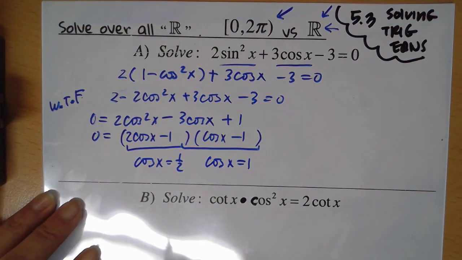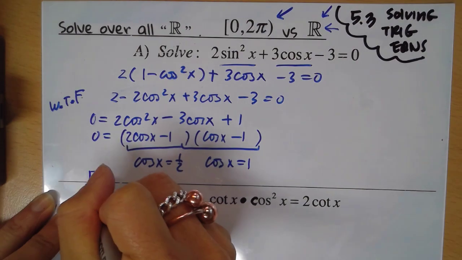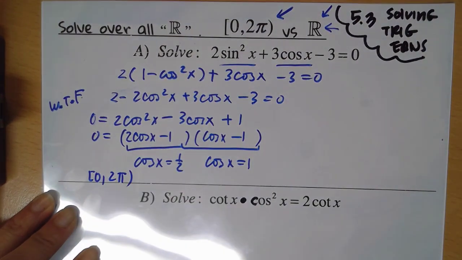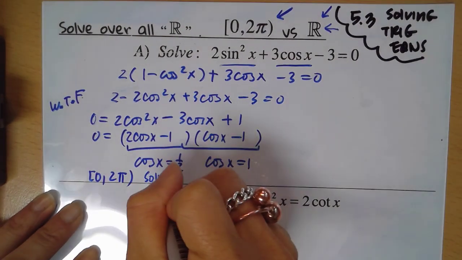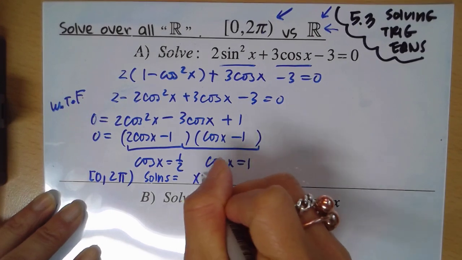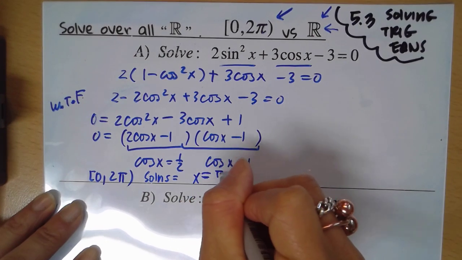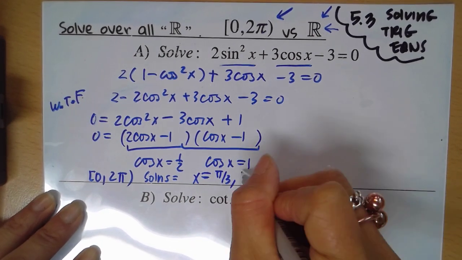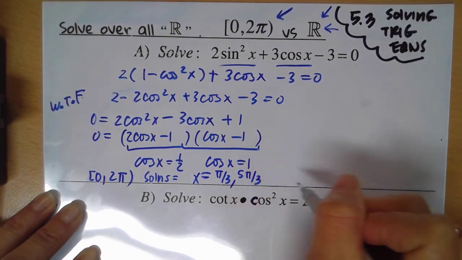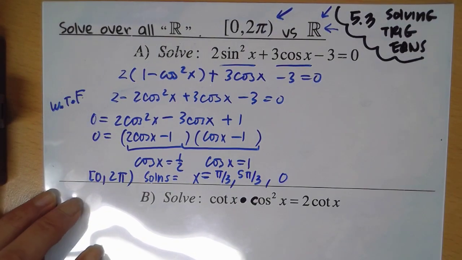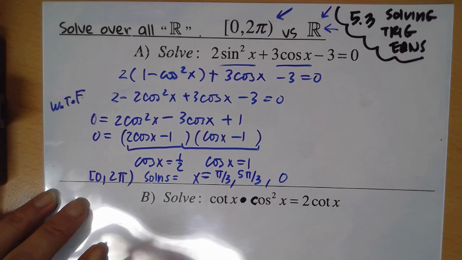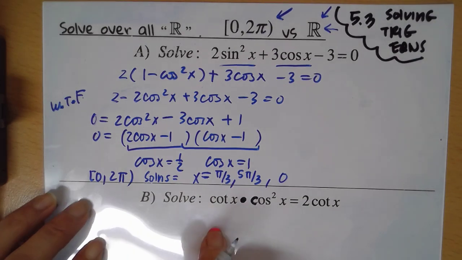If I were to do 0 to 2 pi, here's what I would end up with. My solutions are x equals pi over 3, 5 pi over 3, and 0 because of that one. That's 3 solutions if it was from 0 to 2 pi.